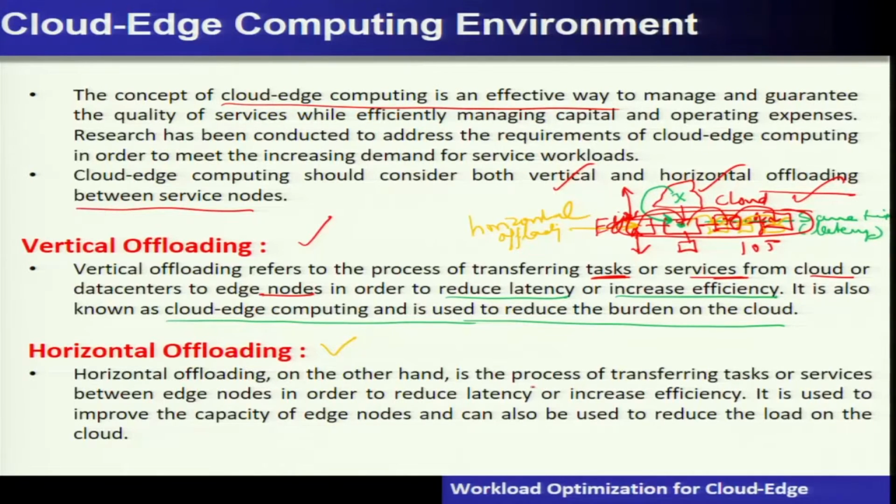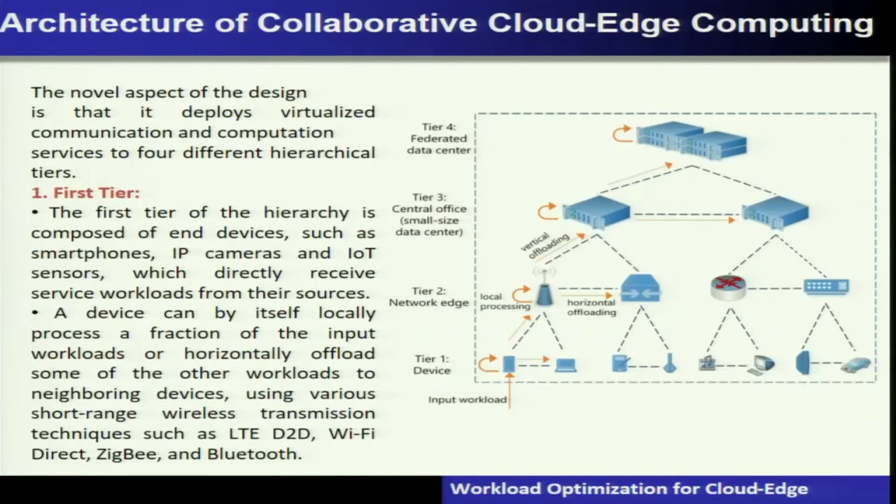Horizontal offloading, on the other hand, is a process of transferring the tasks or the services between the edge nodes. In order to reduce the latency or increase the efficiency, it is used to improve the capacity of the edge nodes and can be used to reduce the load on the cloud. Therefore, these two types of offloading are very important in the development of the edge computing environment.